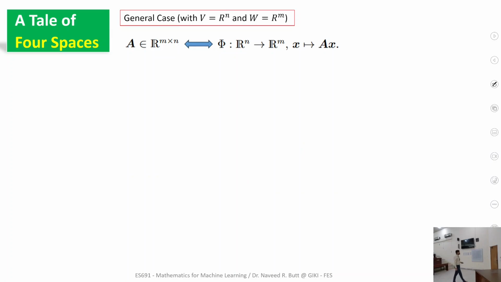Right, so let's see now the general case. Actually this is a special case, I should call it, because now I want to lock V to R^n and W to R^m. Maybe I should call it the more common case, because general was this one, क्योंकि हमने कहा कोई भी V, W, अब हम उनको fix करने लगे हैं, but usually it's these guys that we work with, so it should be called the common case.